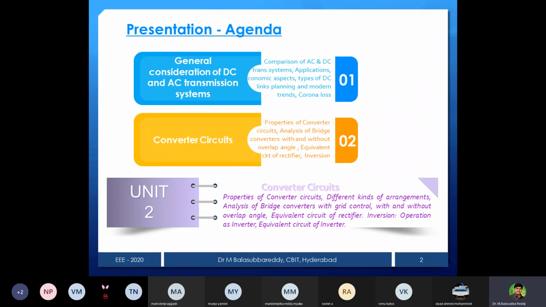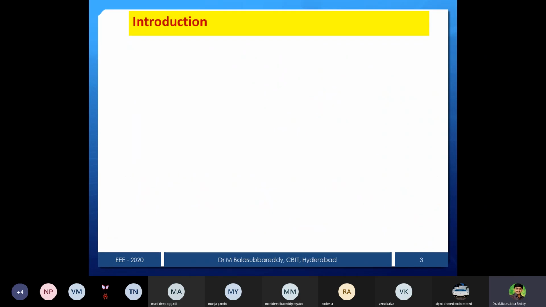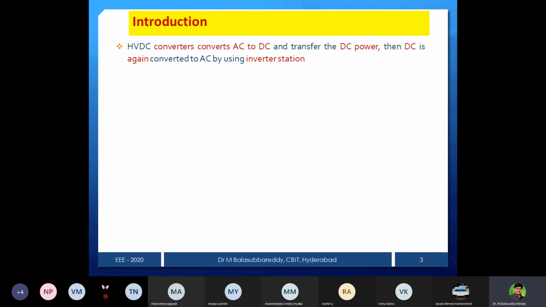There is a grid circuit, 6 pulse converters with overlap and without overlap. Then the equivalent circuit of a rectifier as well as the inverter, and the operation on both sides, the rectifier operation and inversion operation. So these are the topics we need to cover in this unit, and we'll see the introduction first.